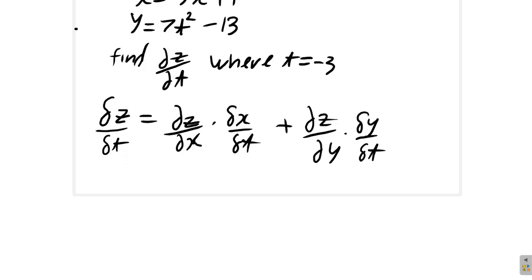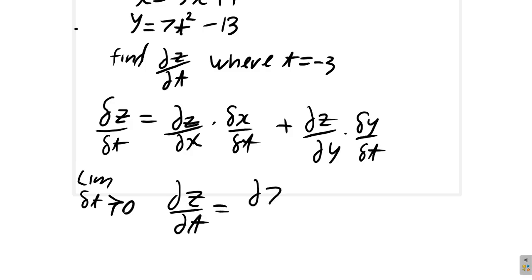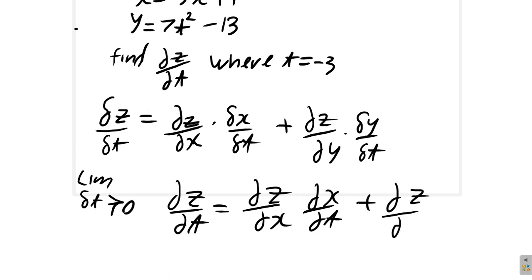When we talk about the limit as delta t tends to 0, these small changes become derivatives. So the derivative of z with respect to t is equal to the derivative of z with respect to x times the derivative of x with respect to t, plus the partial derivative of z with respect to y times the partial derivative of y with respect to t.